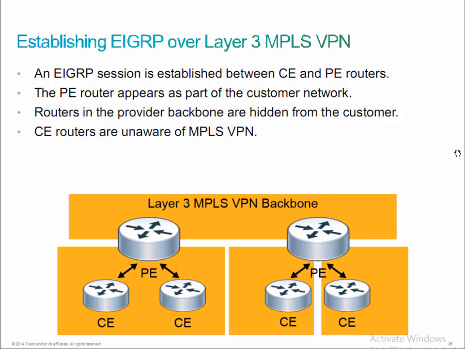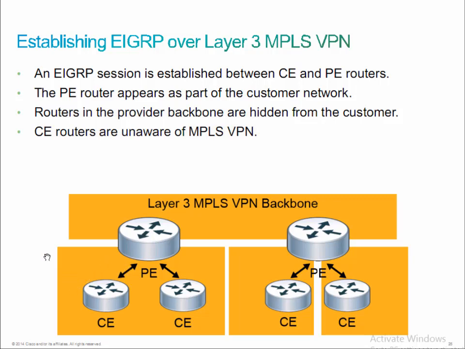In a layer 3 MPLS VPN, you need to decide where you're going to run EIGRP. Am I going to run EIGRP just back inside my network, and then redistribute those EIGRP routes into the PE router by using some other protocol like BGP or OSPF or whatever between the PE and CE link, or am I going to run EIGRP natively all the way up to the PE router?